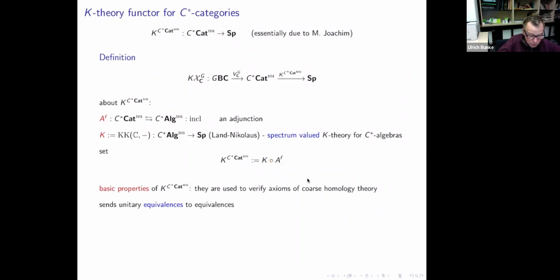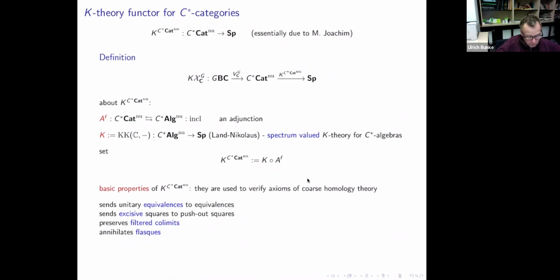But essentially, this has been shown already by Michael. It sends excisive squares to push-out squares. This is essentially a sort of exactness. So it sends exact sequences of C-star categories to fiber sequences, and from this we get this. It preserves filtered colimits. All the colimits which appeared in the previous slides were filtered, so these colimits are preserved by the K-theory. And it annihilates flasque C-star categories.